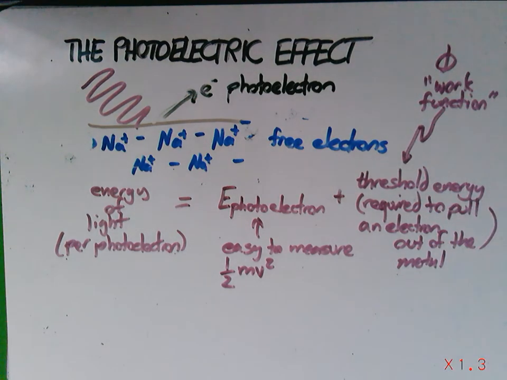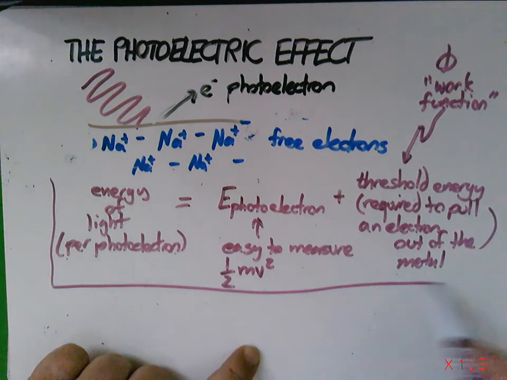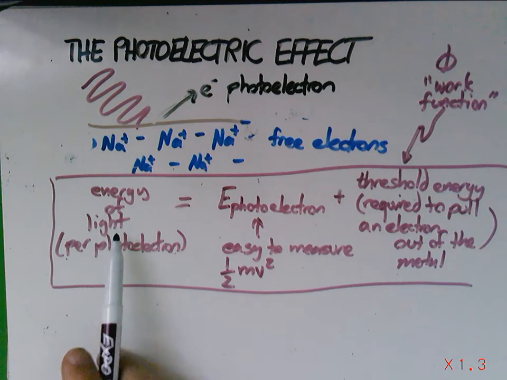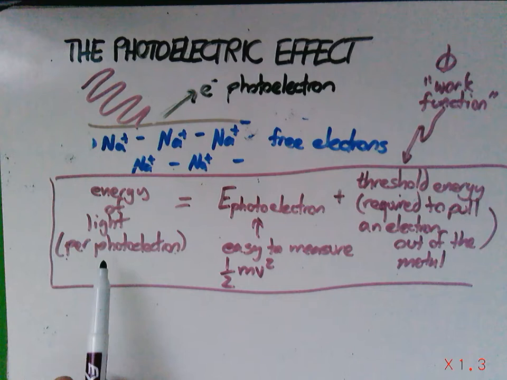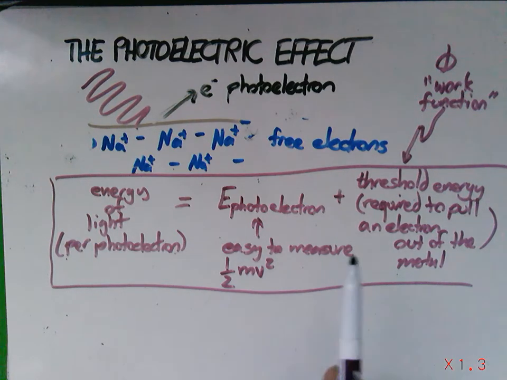You don't have to know that, though. This energy budget is kind of the key to the experiment here. We're trying to measure the energy of the light that the light contributes to kick out one photoelectron. And it's equal to the energy of the photoelectron that gets kicked out, its kinetic energy, plus the energy that it takes just to remove an electron from the metal.